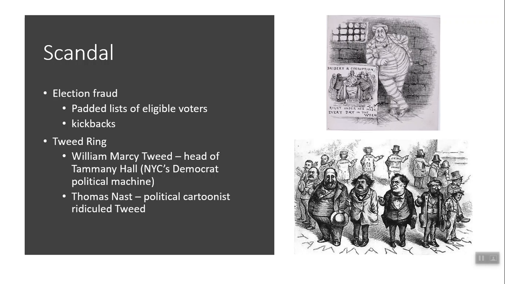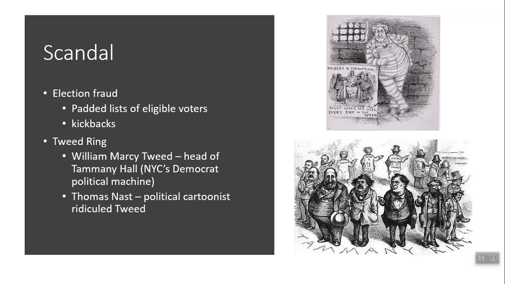The most famous political boss of the time is a guy named Boss Tweed, or William Marcy Tweed. He was the head of Tammany Hall, which was New York City's Democratic political machine. Now, Thomas Nast, who we saw a political cartoon of his during the Reconstruction era, was very critical of Tweed, and actually created a bunch of political cartoons that ridiculed him.